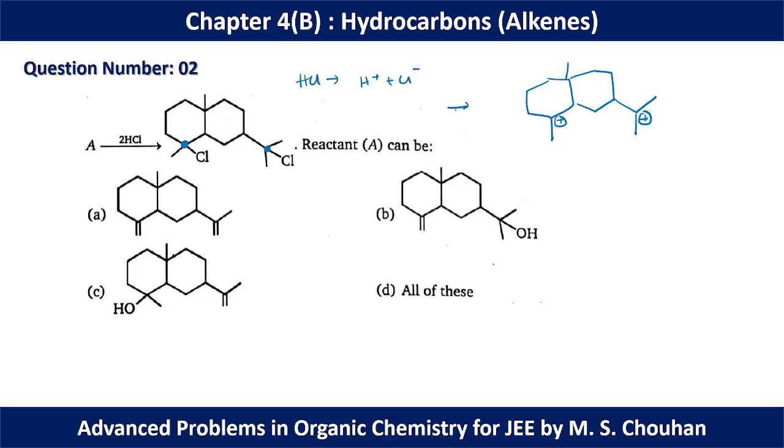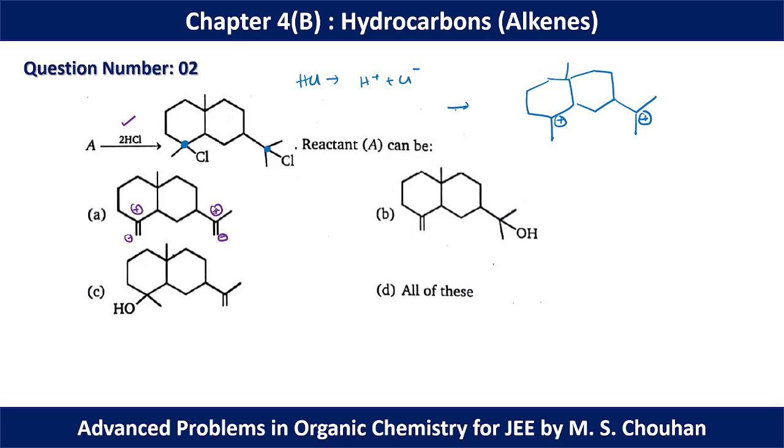Now we have to find how we can form those charges on the given A, B, C molecules. We can dissociate this pi bond, and obviously we can form a positive charge here and a negative charge here. The negative charge can react with H plus and it will be neutralized. Similarly, we can form a positive charge here and a negative charge here after dissociation of the pi bond.